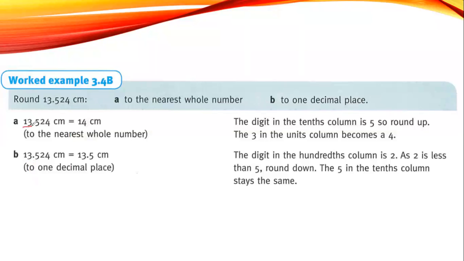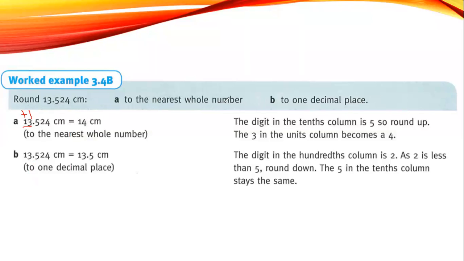You just check these numbers. You have the whole number. The last number before the point is 3. Before this number, you check whether it is more than 4. Yes, so you can add 1 to this number. So 13 plus 1, 14. So he writes here 14 centimeters.